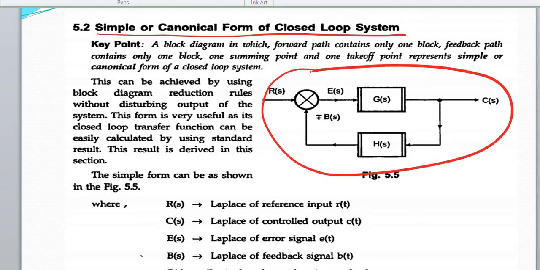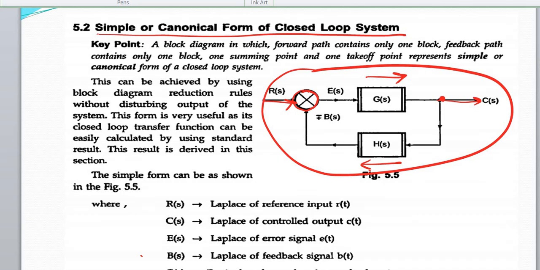As I have already explained in the online class, the simple or canonical form of block diagram has one block in the forward path, one block in the feedback path, one summing point, one takeoff point, one input and one output. This type of block diagram is called simple or canonical form of representation.